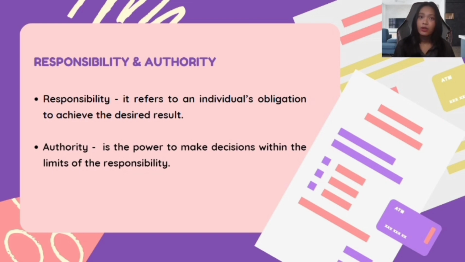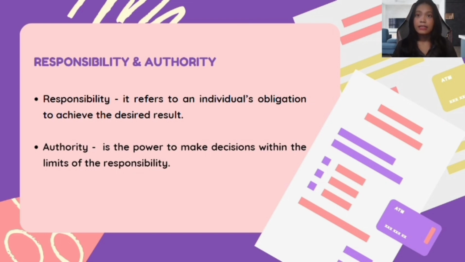Responsibility is closely related to the principle of authority because if a manager delegates or assigns responsibility to a subordinate, they must also grant the subordinate the authority to make decisions only within the limits of that responsibility.